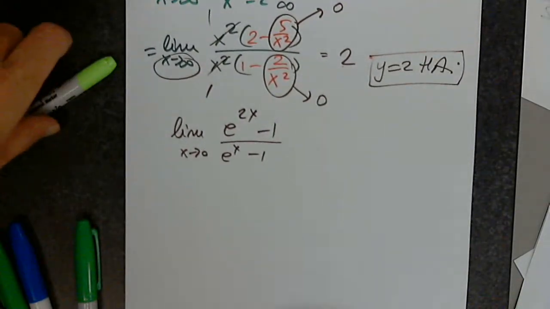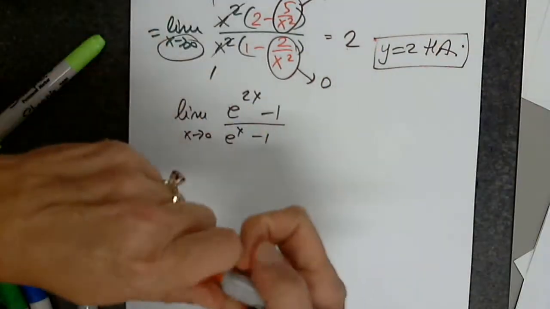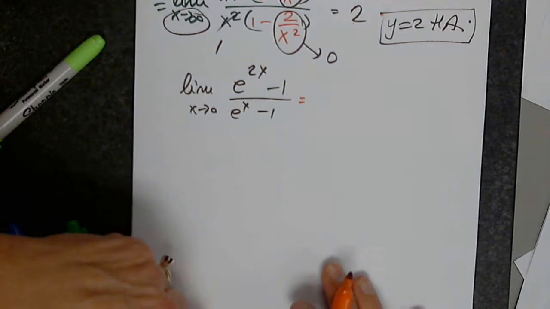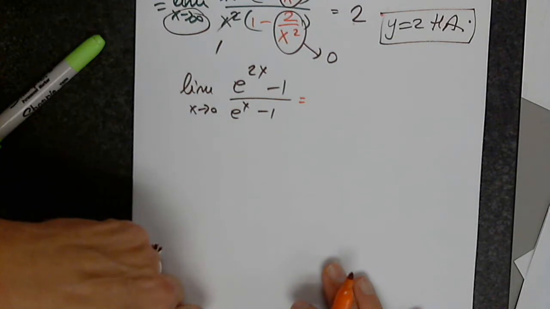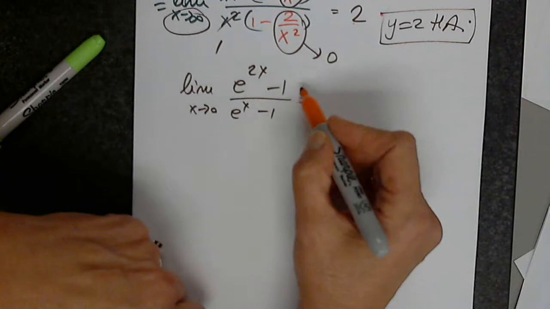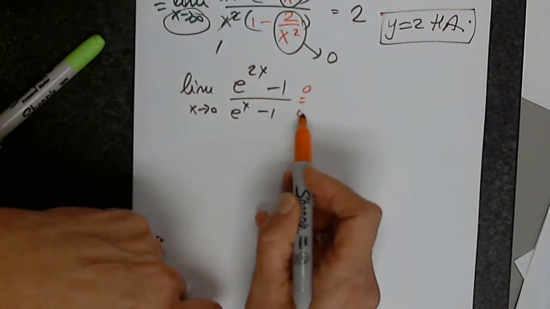Okay, so we're back here. When I plug in 0, what do I get at the top? Yes, because e to 0 is 1, 1 minus 1 is 0. And what do I get in the denominator? I agree. 0 indeed.